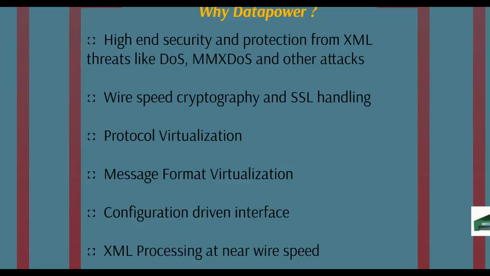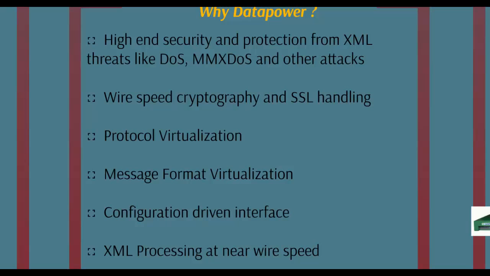And then there is message format virtualization. Datapower can convert one message format to another, and one popular example is that if your backend systems are, for example, serving SOAP-based messages, the format is of course XML, but your front end is, for example, mobile, and then it is desirable that the output of the services that you call from a mobile device provides JSON, because that's something lightweight.